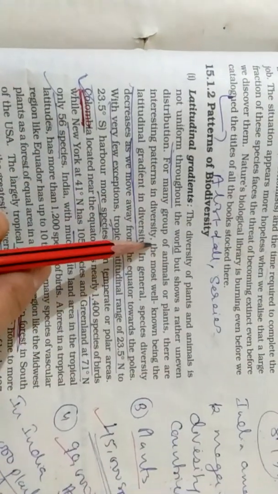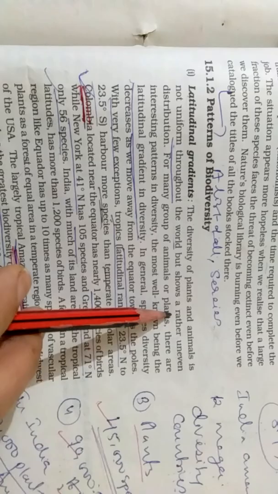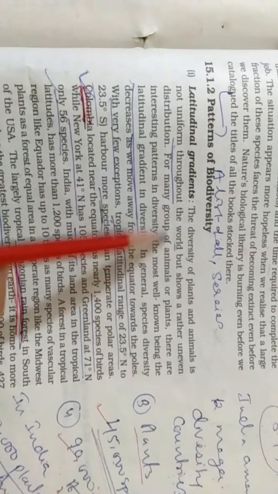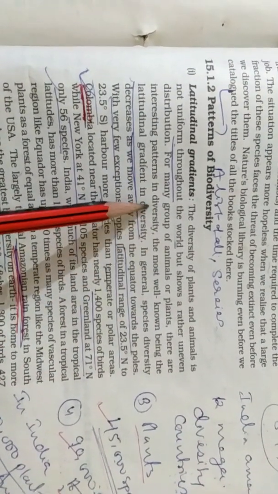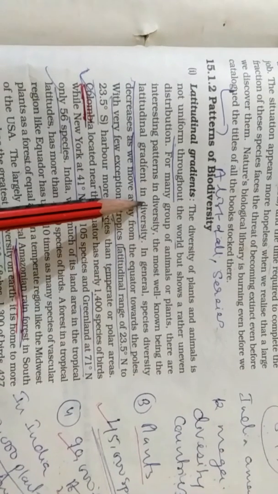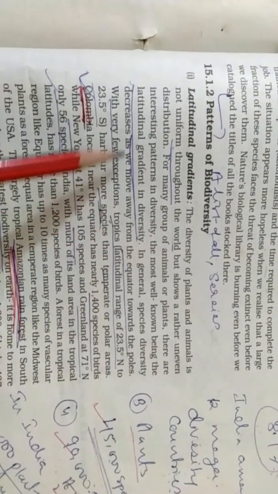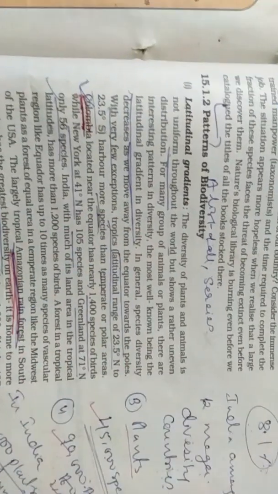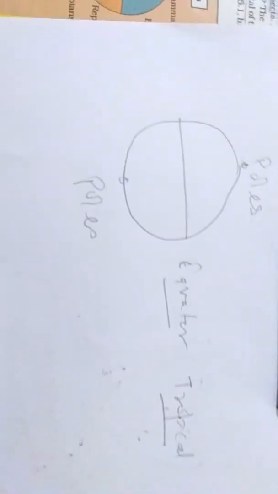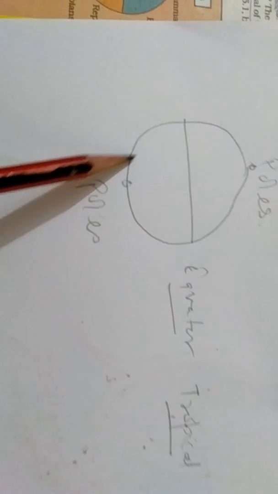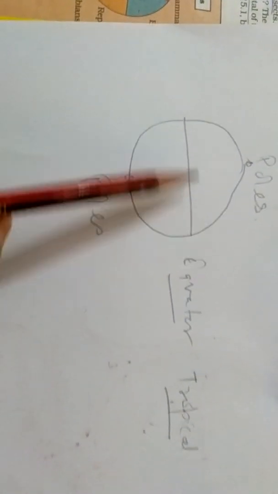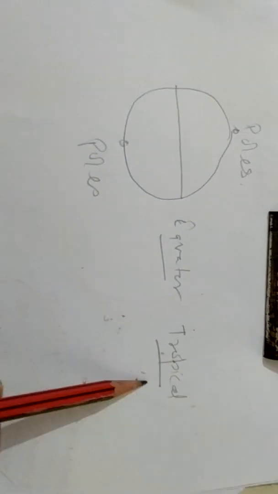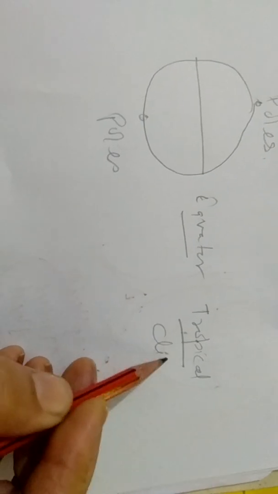First of all, we should see that the distribution of diversity is not uniform throughout the world. We are observing the distribution of diversity latitude-wise, or latitudinal gradients in diversity. To understand this, I have drawn your planet Earth, and this is the equator, where tropical climatic conditions are there.